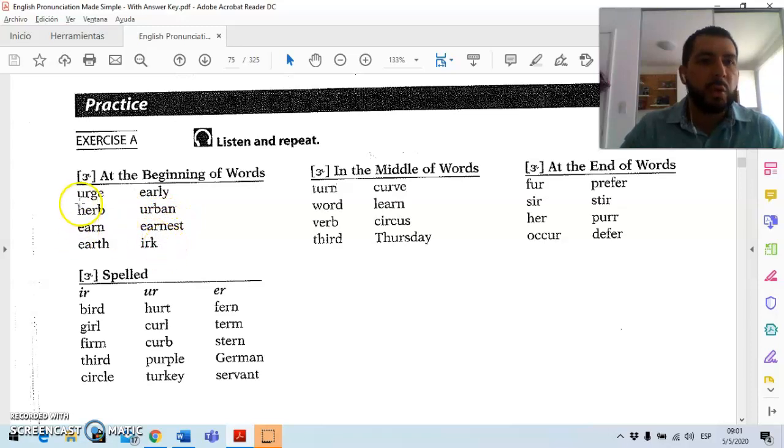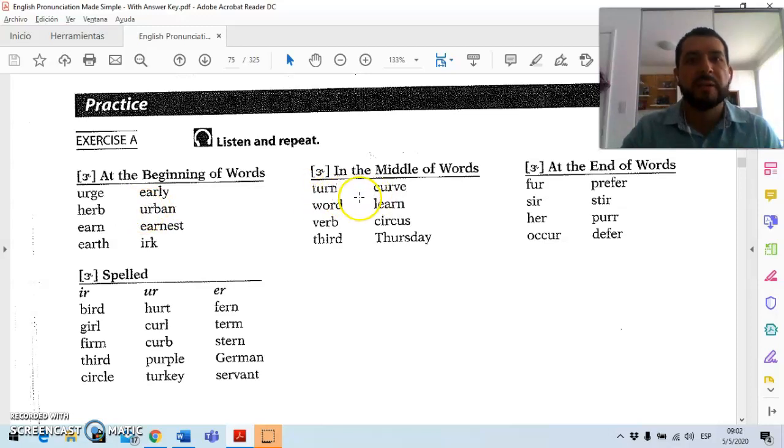Notice that it's not urge or erb or earn, that's earn. And as a matter of fact, earn is also a homophone with urna in Spanish. Earth, not earth, but earth. Early, not early, but early, right? There is rounding of your lips, and it's a very tense vowel.